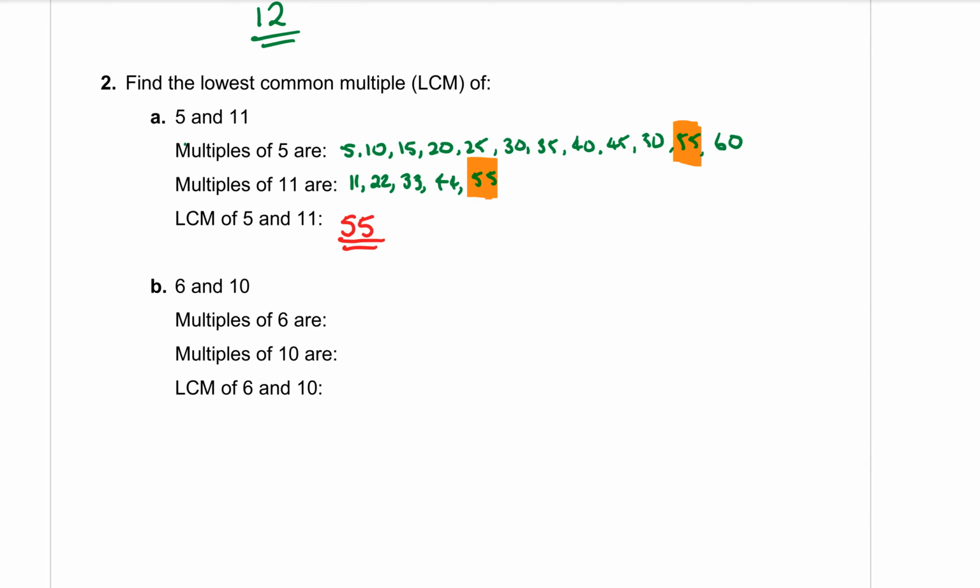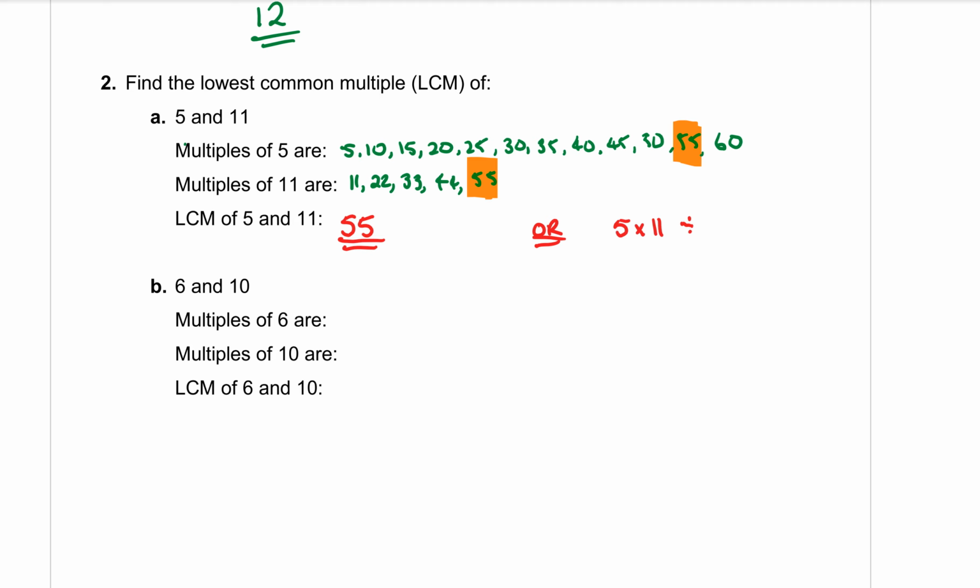Okay, now that is the method that I suggest that most of you will probably prefer to use. However, if you would like to try that shortcut that was written in the note at the top of the page here, the rule said we can find the lowest common multiple by multiplying the two numbers together. So that would be 5 times 11. And we divide by the highest common factor.